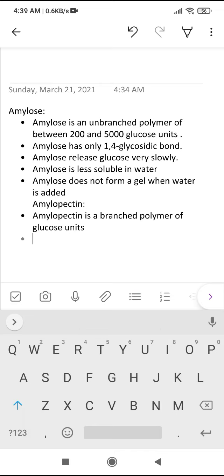Number two, information regarding amylopectin. Number one, amylopectin is a branched polymer of glucose units.